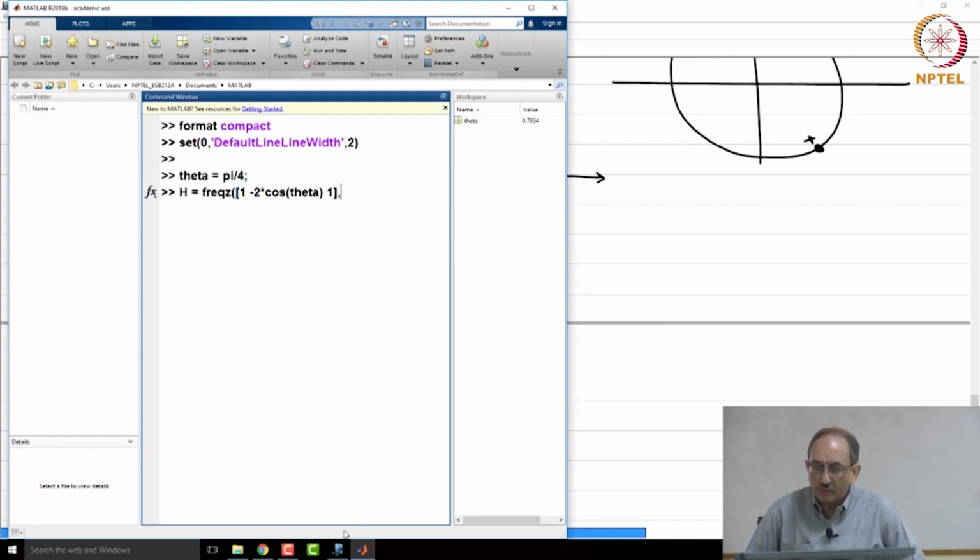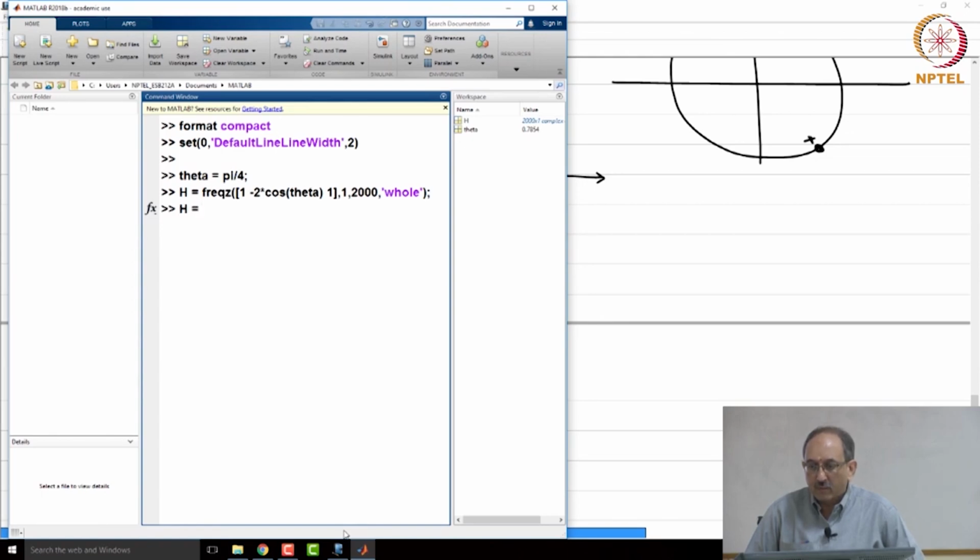This is the numerator, and the denominator is 1, and you want to evaluate this at 2000 points, over the whole frequency range, and let us plot this.